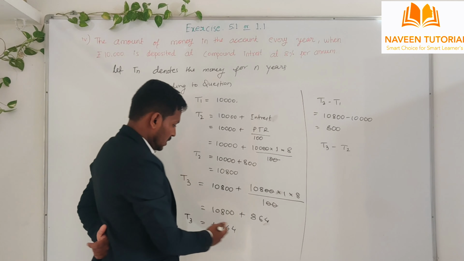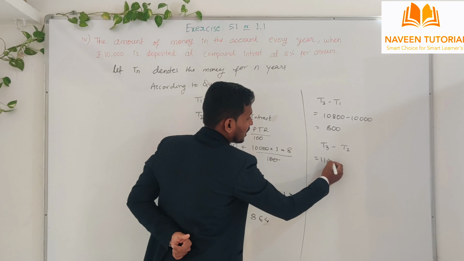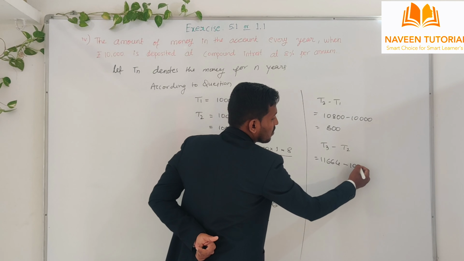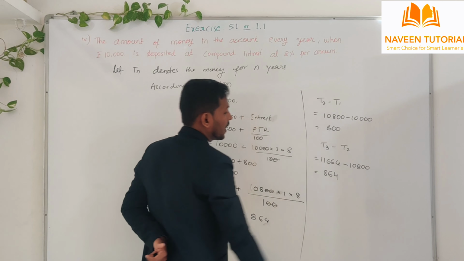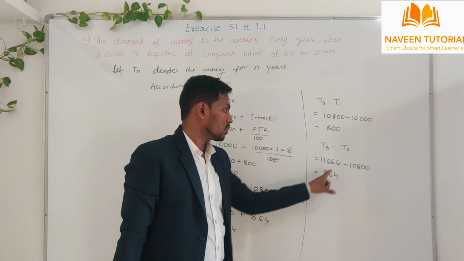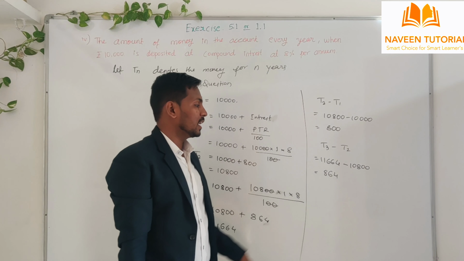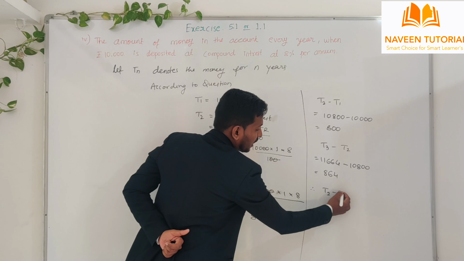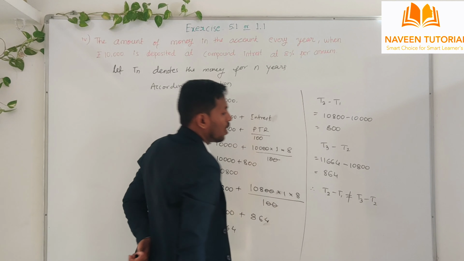Here T3 minus T2 is 11,664 minus T2 value is 10,800. So here we got the difference value is 864. So here T2 minus T1 is 800, but T3 minus T2 is 864. In the next year we will get 64 rupees as the additional amount. So therefore we can say that T2 minus T1 is not equals to T3 minus T2.